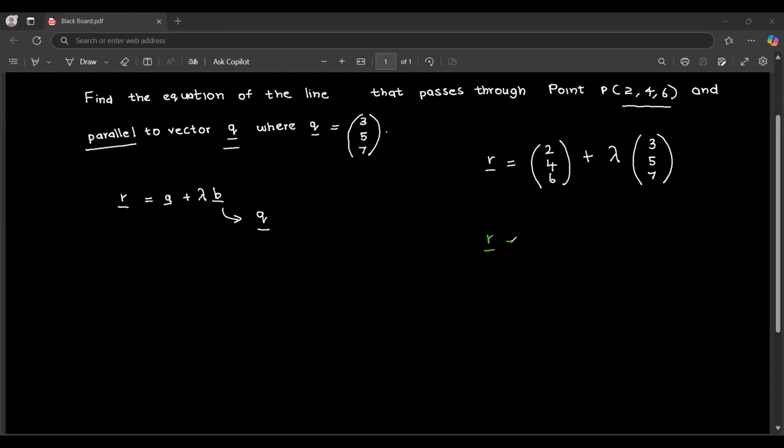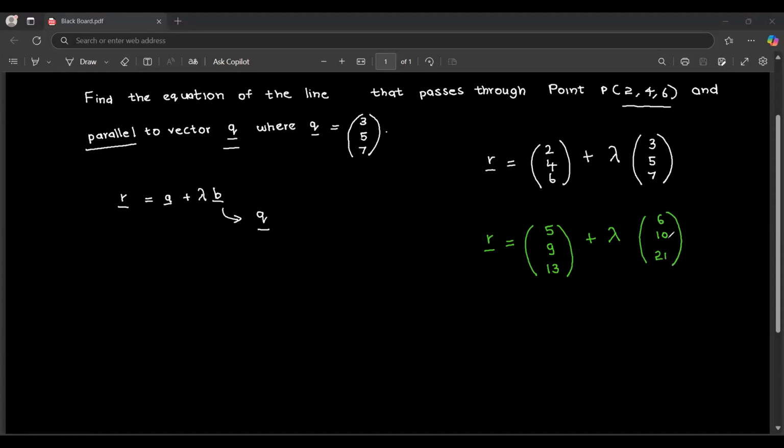Instead of (2, 4, 6), I'm going to replace λ with 1 to get another point on the line, which is (5, 9, 13), and use that as the position vector. I'll keep λ as λ because it can be any real number. And instead of (3, 5, 7), I'm going to use (6, 10, 21).